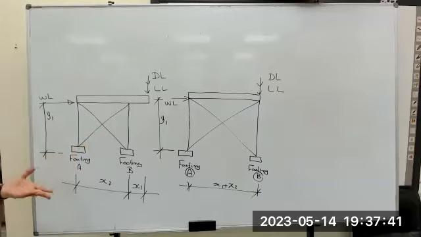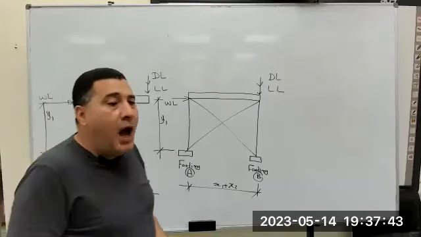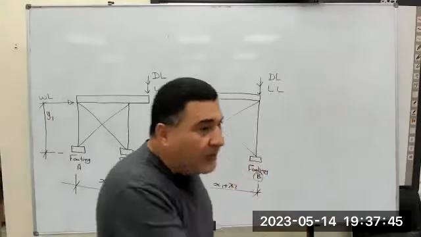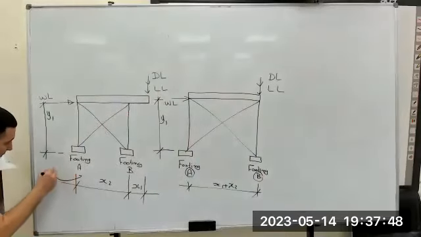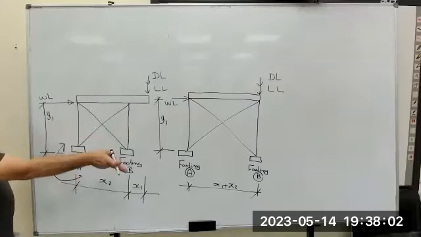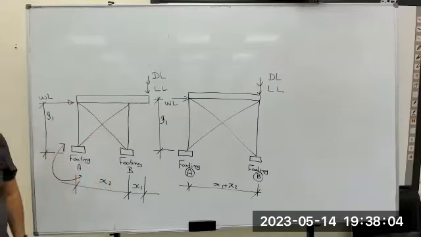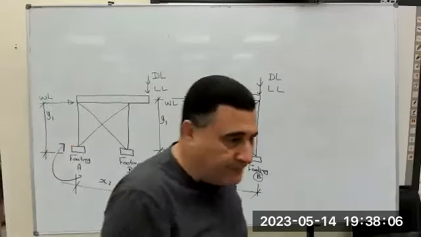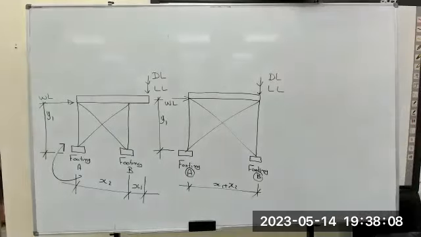This footing, what will happen? Uplift means what? This footing will go in this direction, uplift. See, this is uplift. This foundation itself will go up, turn over. From what? From the load.